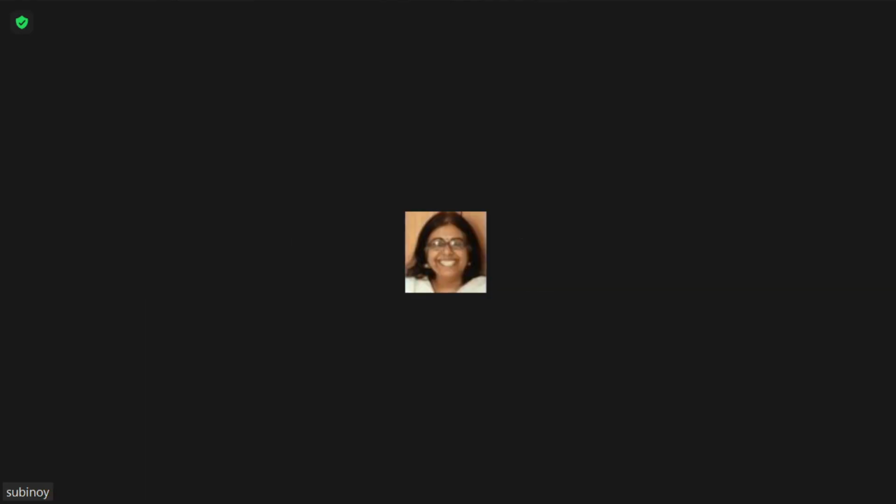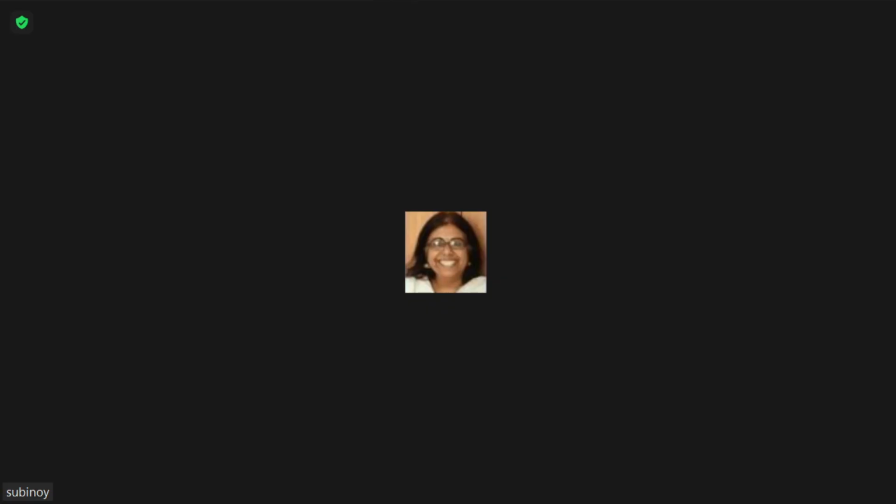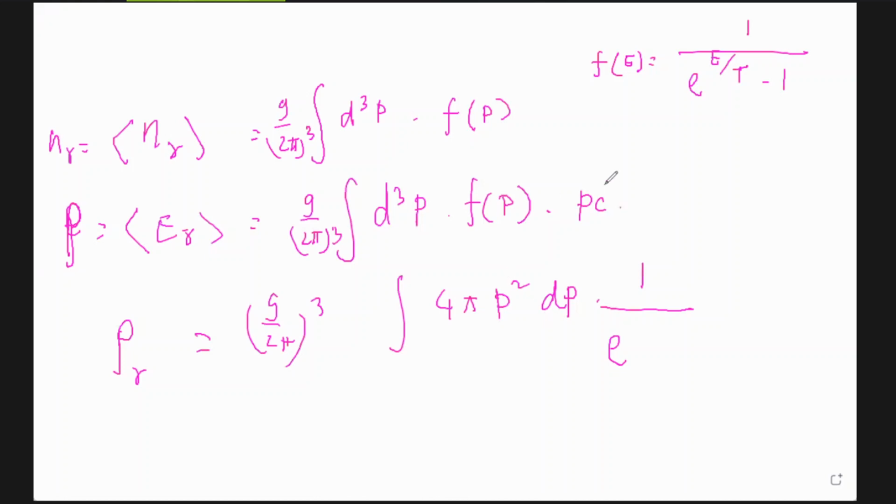Particle physics units are a little bit different, but it is easier here. Now e to the power E is how much? pc, and c is 1, so it is p by T minus 1. Now this is the integral from 0 to infinity. What do people do?